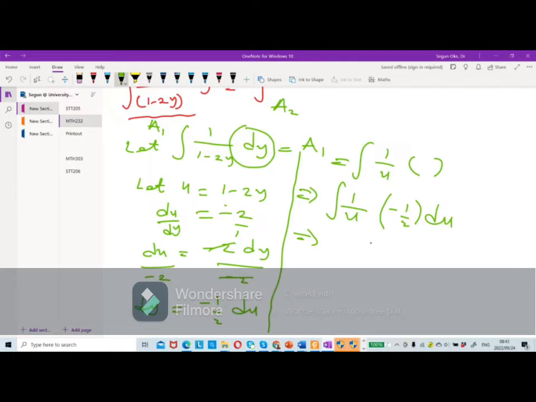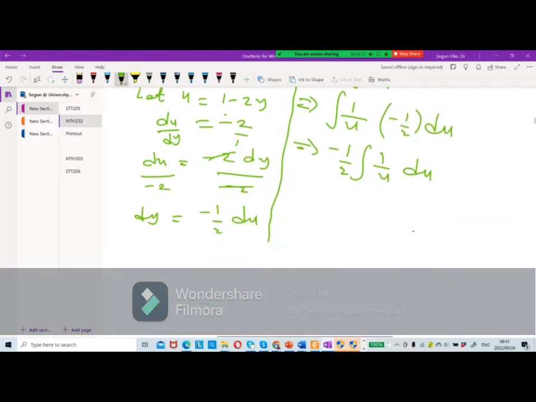So I can take this one out. -1/2 is a constant, I can take it out. 1/u du. You and I know when you integrate 1/u, what do you have? Anybody? Ln U. Ln U, thank you. So you have -1/2, then it's going to be ln absolute value U plus C.